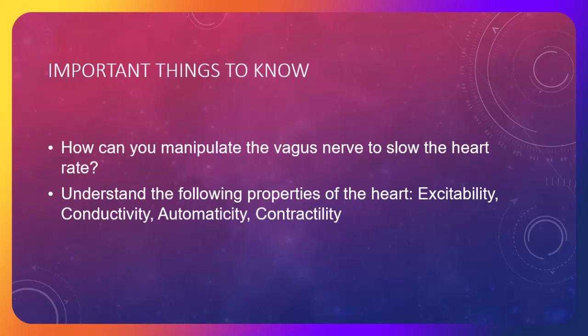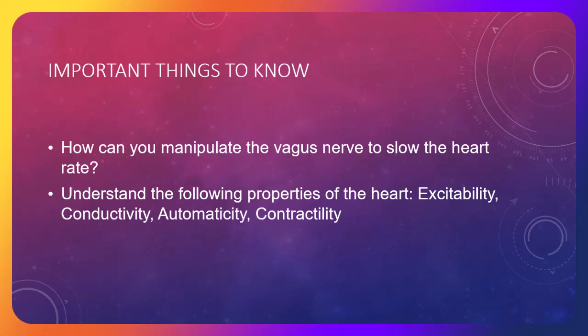Excitability, conductivity, automaticity, and contractility. What is excitability? Kyle. You're close, but not quite there. The ability to react to an electrical impulse? Yeah. So basically, think of dominoes. We've seen some really awesome looking domino setups that do some pretty cool things.